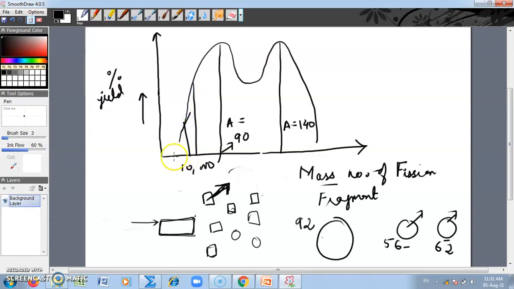You see this is quite small. If this is 90, this is almost 45. So you see you will have all kinds of mass numbers, but the peaks, that means the maximum number of particles collected, because this is the percentage of particles collected, will be these two.